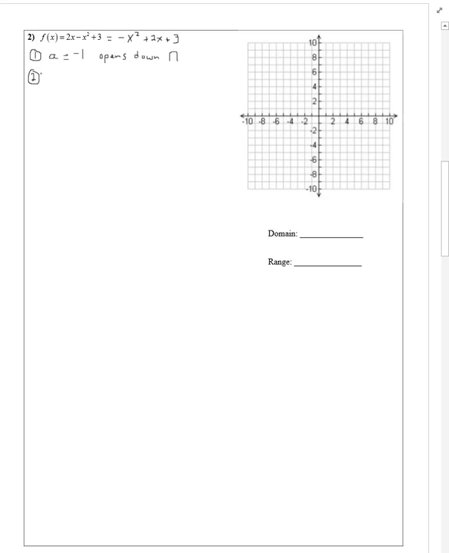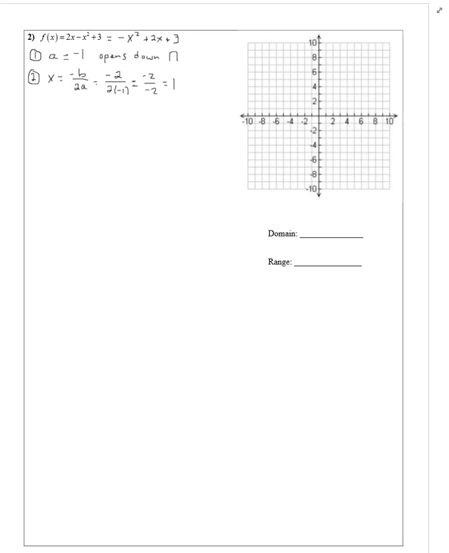Okay, the second thing we need to do is find the vertex. Remember, the x-coordinate of the vertex is -b over 2a. In this case, b is a +2, so we have -2 over 2 times a -1, which gives us -2 over a -2, which is a +1.